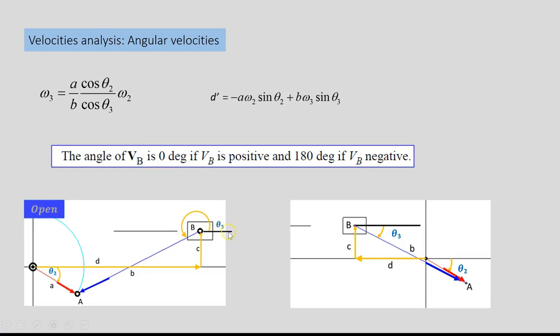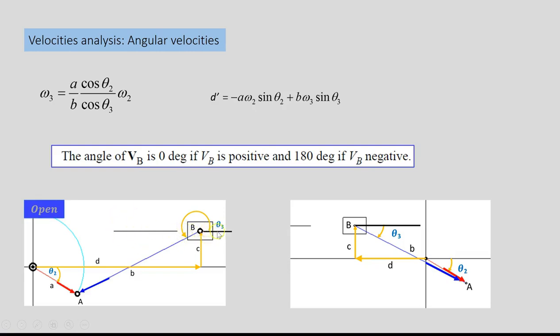So the angle, according to the definition, would be measured with positive x-axis counterclockwise. Now the vector movement of slider and the positive x-axis are both in the same direction, so the angle would be 0.